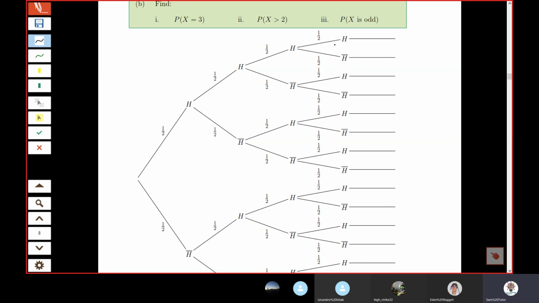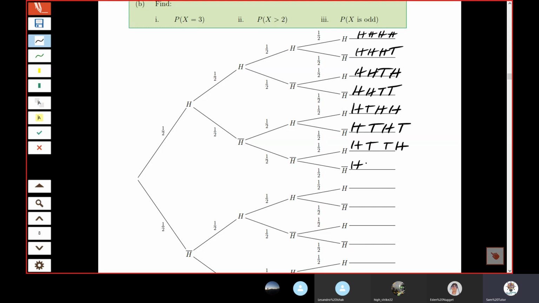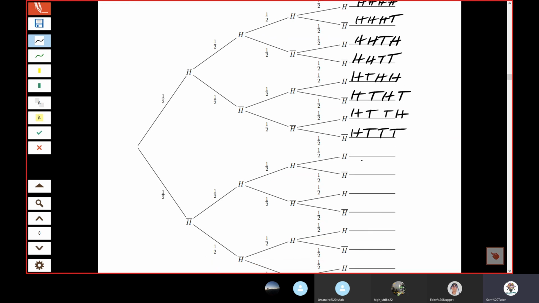I think you guys get the idea. So you could have had head, head, head, head. You could have had head, head, head, tail. You could have had head, tail, head. All right, I'm just going to stop talking for a second and write all of this down. And then the same thing here.